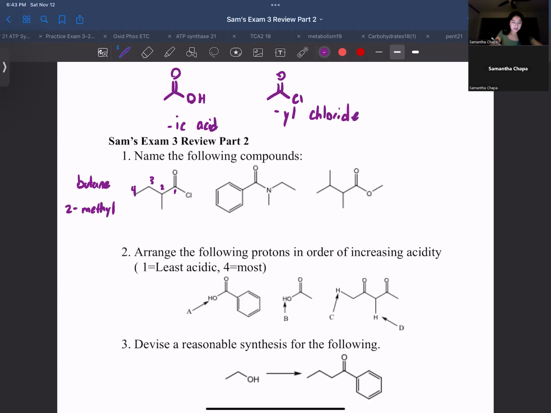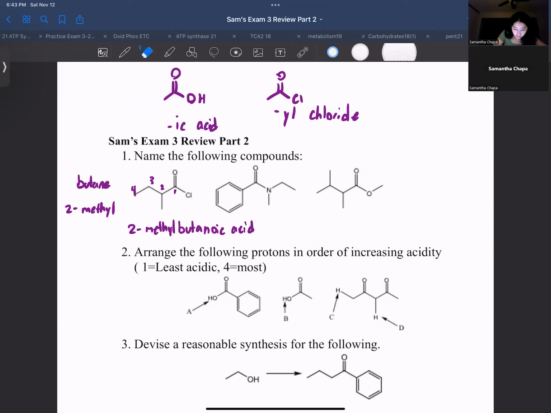So for this one, of course, we name our substituent first, 2-methyl. That's our only substituent, so we can start naming the parent. So 2-methyl butane. And usually if this was a carboxylic acid, we would put butanoic acid.